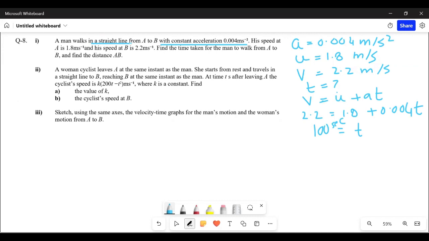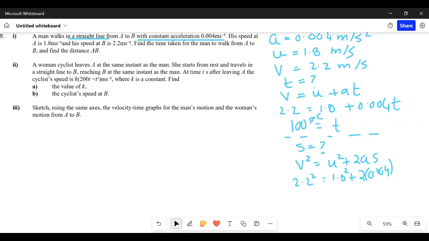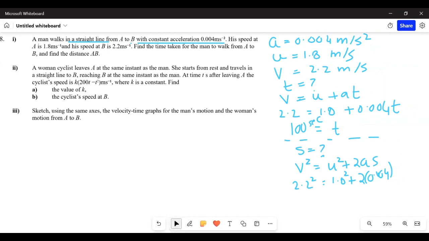And now it's also asking for the distance AB. So now we need s, so I'm going to use v square equals u square plus 2as. So it's 2.2 square equals 1.8 square plus 2 times 0.004 times s, and s is what we have to find.